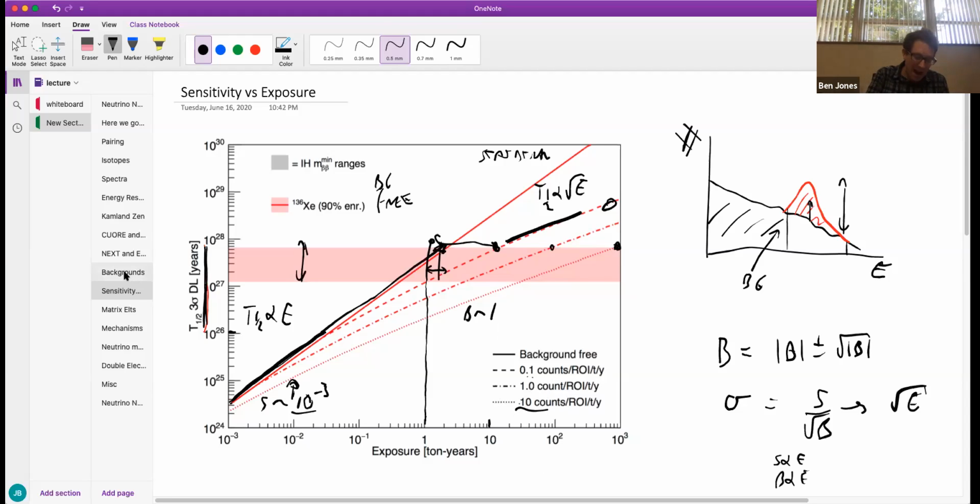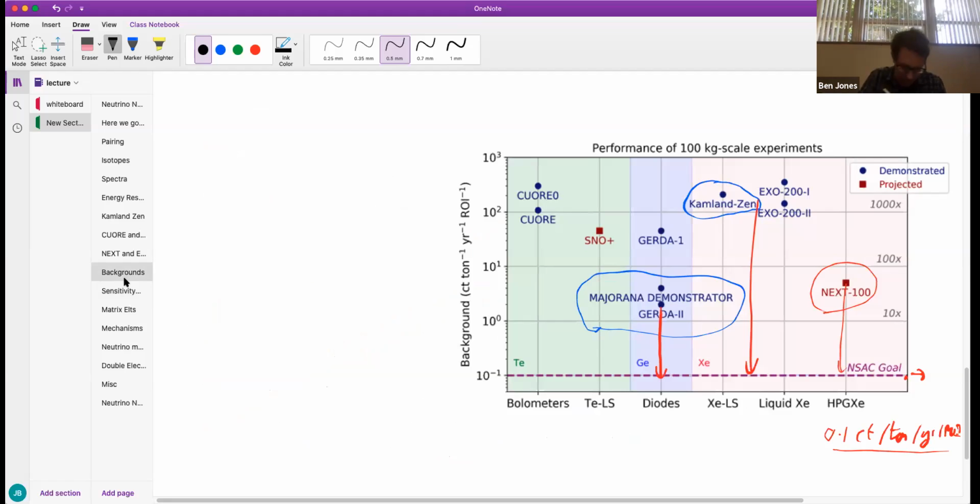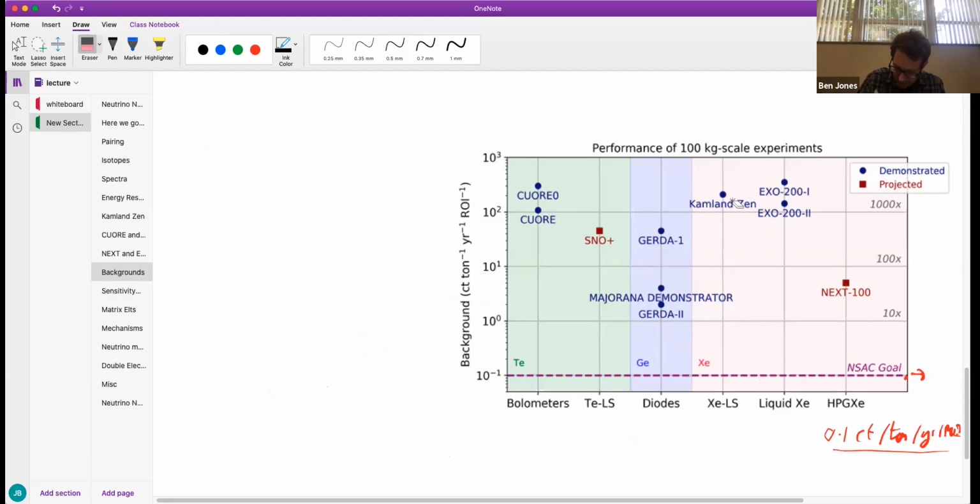Now, it's a little bit harrowing then to go back to this picture and look at where we are right now in the field. You see that the target was here, no one is there. This is taking a couple of years, right? The existing large experiments are somewhere between 1 and 10 counts. So that was somewhere between 10 and 100 years.